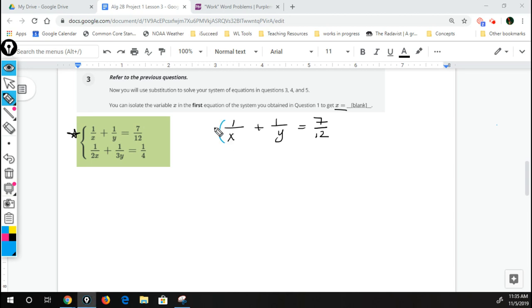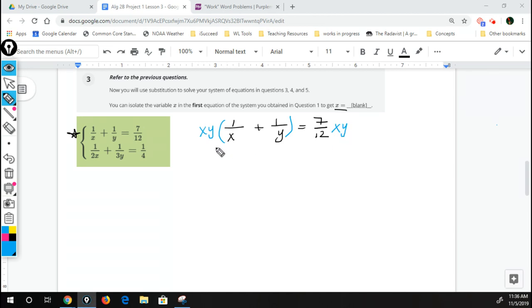Well, I know that if I multiplied that by x, x times 1 over x would be canceling out, thus getting it out of the denominator. But what I do to one side, I'm going to do to the other. And you know what? While I'm here, I'm actually going to multiply by a y as well, just because I'm going to be cleaning up that 1 over y fraction, essentially getting rid of both of those fractions in one swoop.